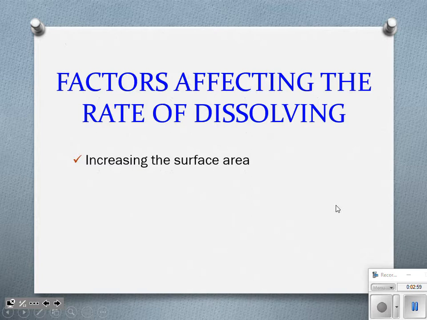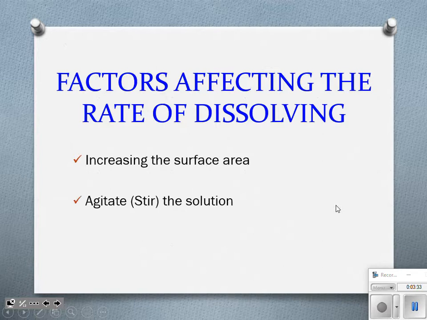Think about it like this: if I have a sugar cube and I throw it into a glass of water, or if I take that sugar cube and smash it all up and then throw it into the glass of water, which one's going to dissolve faster? The smushed up one, because it has a greater surface area than the cube does. So if you increase the surface area, you will increase the rate at which it dissolves.